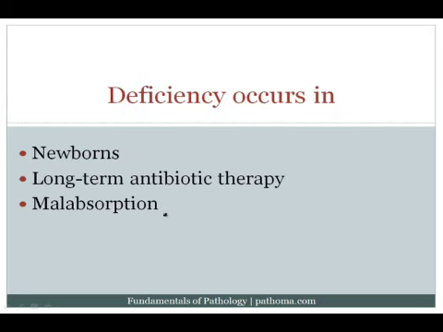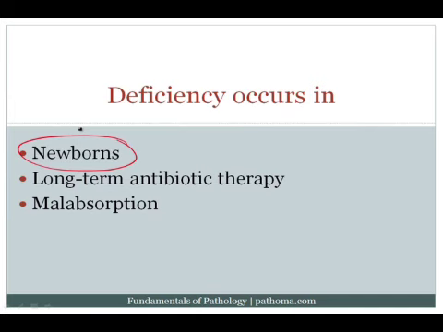Now vitamin K deficiency is a little bit interesting and goes back to a little bit of biochemistry. Remember that vitamin K is essentially generated by the bacteria in our gut. And so the patients who get deficient are going to have some sort of abnormality of either the bacteria in the gut or the ability to take up vitamin K. For example, newborns, their gut is not yet colonized by bacteria.